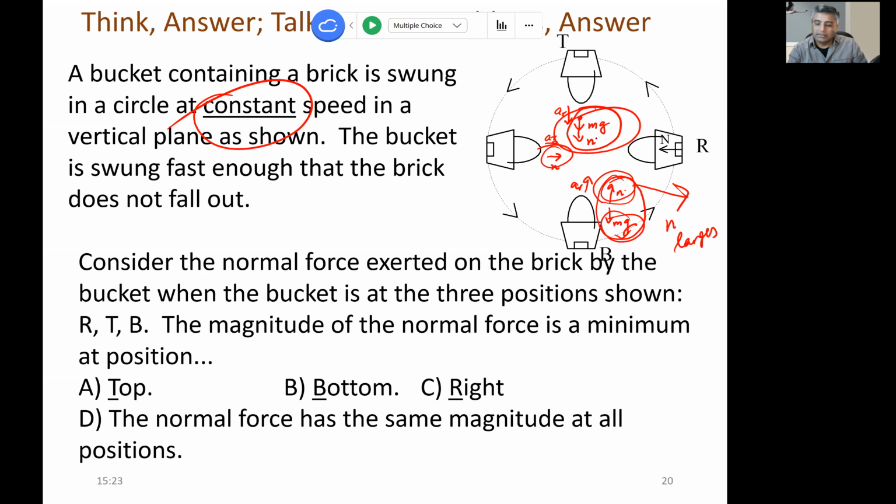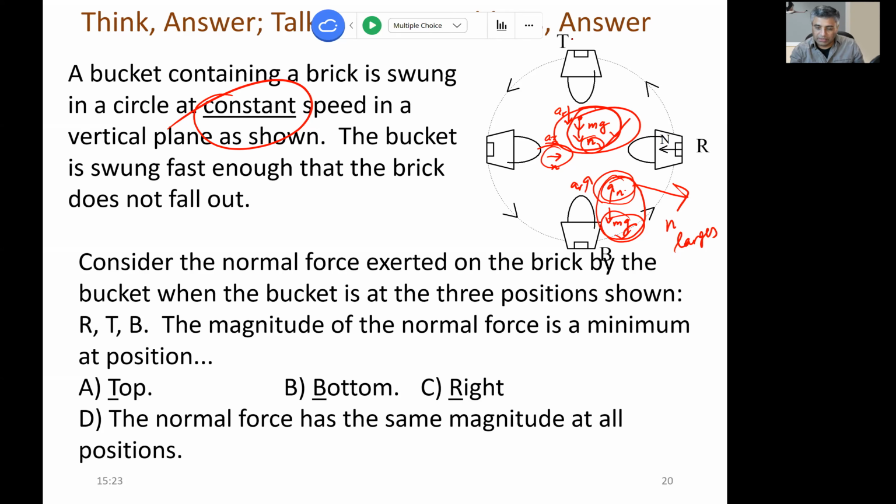Over here, normal is actually getting help from mg. Mg is also acting in the same direction, meaning both of them are providing the speed. So it looks like normal has to do the least work here, so the value of normal has to be smallest at that point.